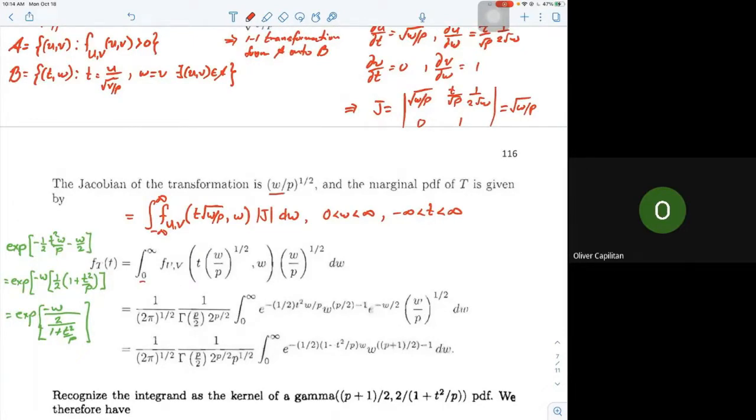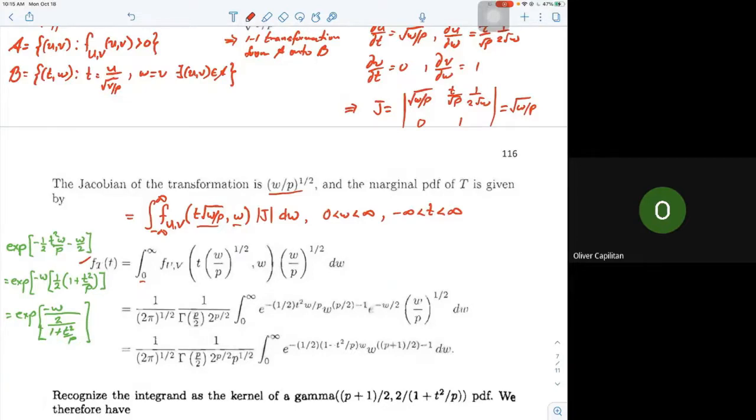So if we're going to take the marginal PDF of T, this is what we are looking for now, the marginal PDF of T, supposedly we have the proper integral of the joint PDF of U and V evaluated on these points, and then times the absolute value of J, dW.